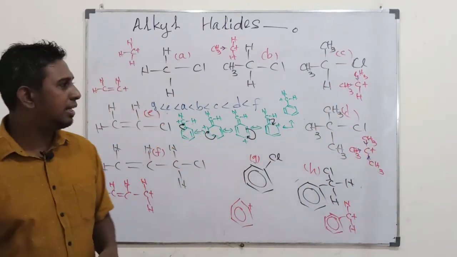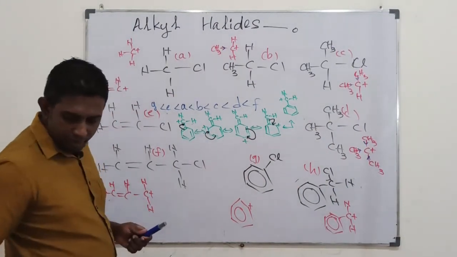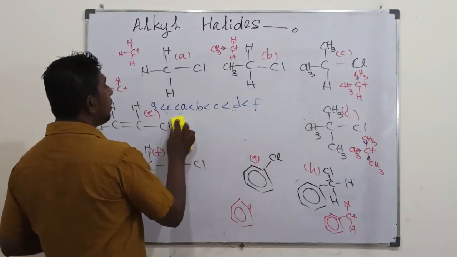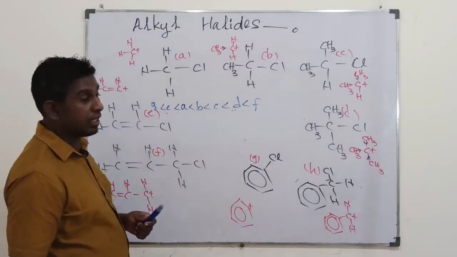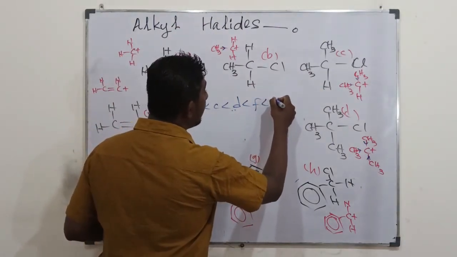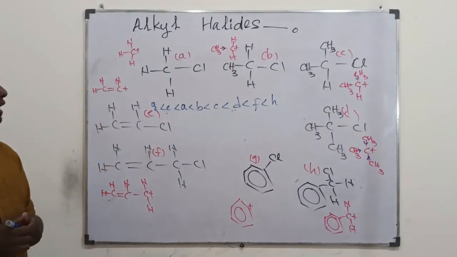Then hope you could understand all this. Therefore, erasing this, I could place that benzyl chloride at the top position. It's the best one of relative leaving ability. That's how you get it.